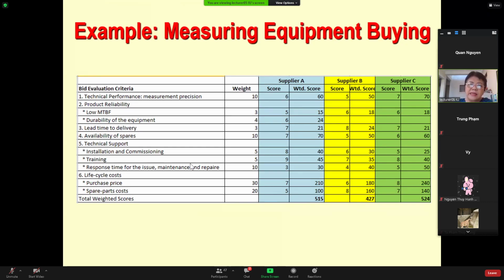Criteria number 1 is technical performance, measuring precision. The weighting factor is 10. And product reliability is criteria number 2.